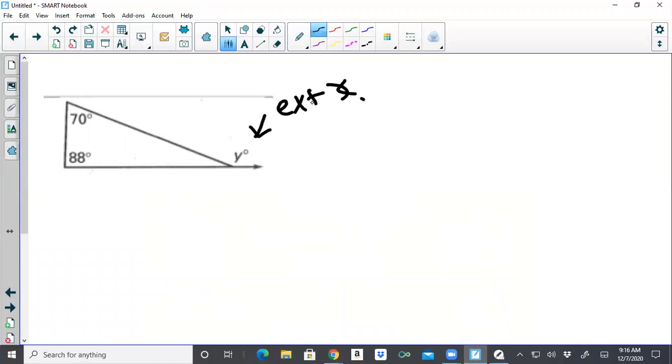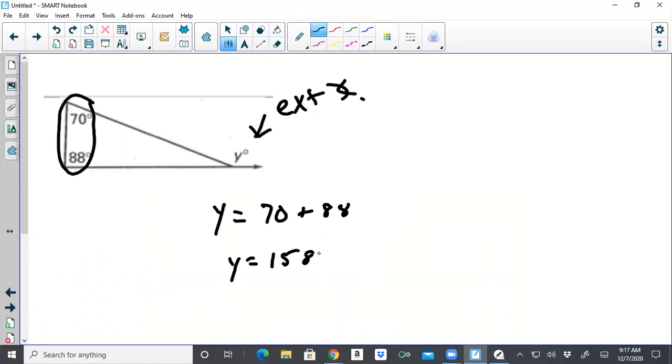Now, that being said, I remember in the exterior angle theorem that Y, the exterior angle, is equal to the non-adjacent angles added up. So Y is going to be equal to 70 plus 88. So Y is going to be the same thing as 158. And that's it.